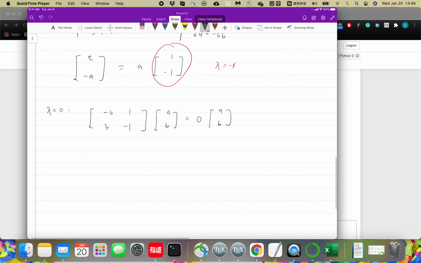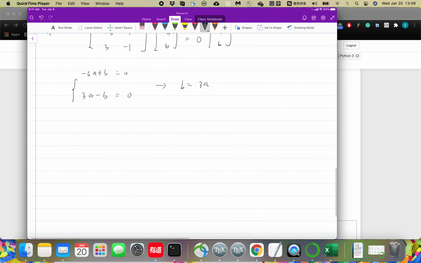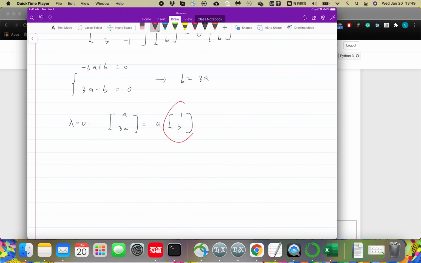Then that gives you nothing but this. Let's give you b equals 3a from both. Therefore, your final eigenvector corresponding to lambda equal to 0 is a, 3a, which is a times 1, 3. Okay, so this will be your eigenvector too.